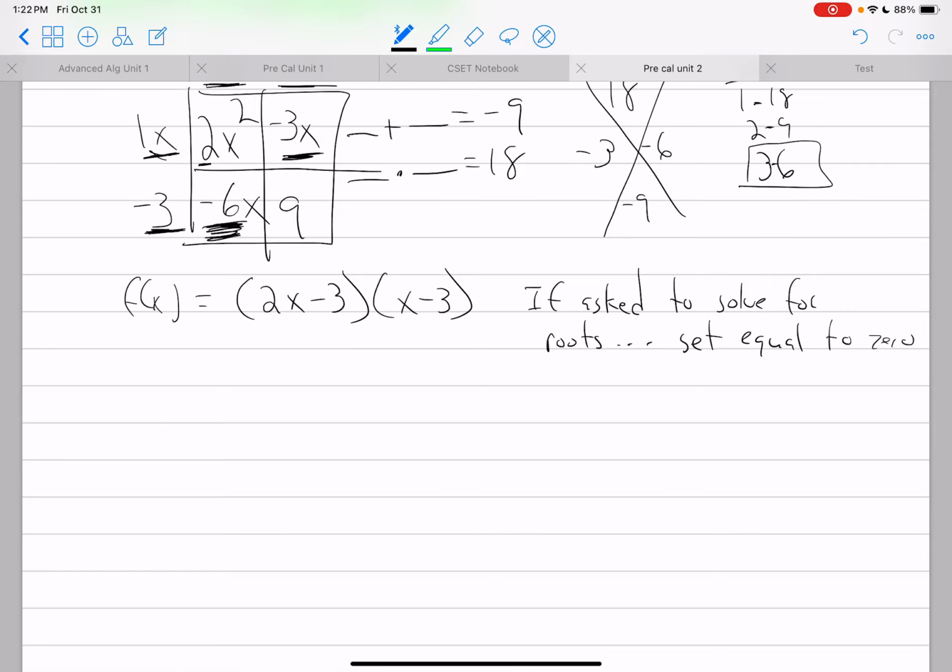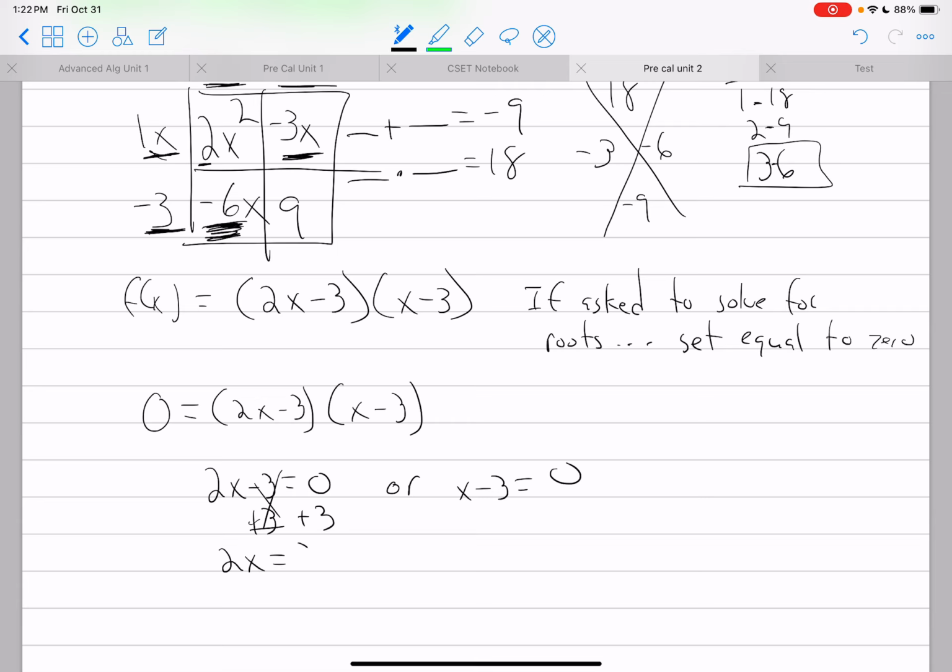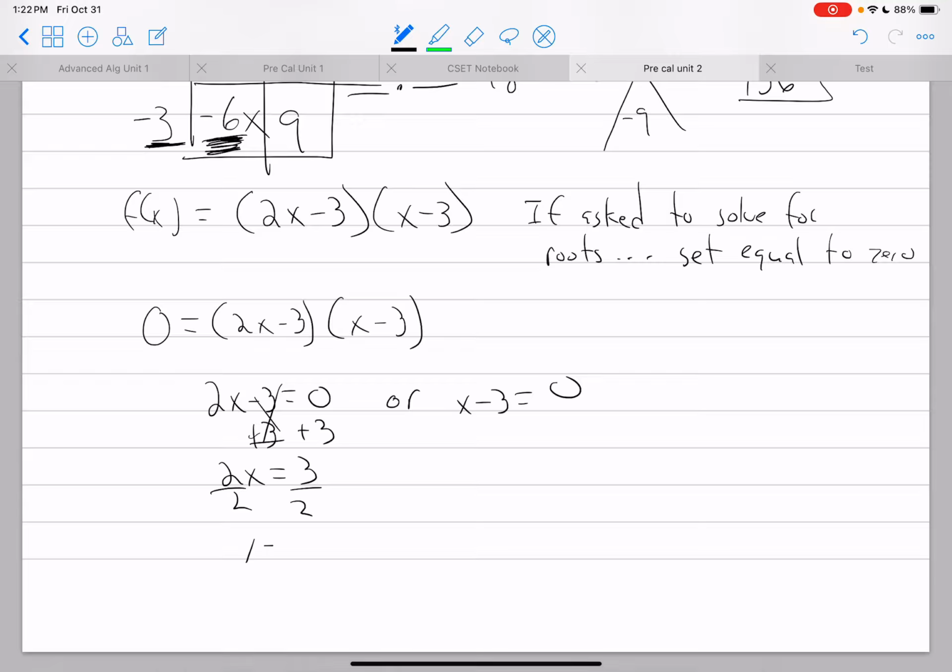If I want to set it equal to 0, that means 0 equals 2x minus 3 and x minus 3, which means that either 2x minus 3 has to equal 0 or x minus 3 has to equal 0. So if I go ahead and finish this off, plus 3, 2x equals 3, divided by 2, divided by 2. x equals 3 halves.